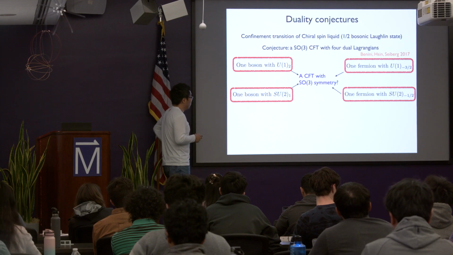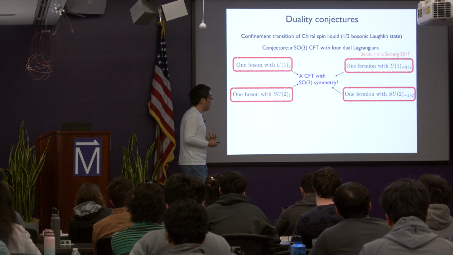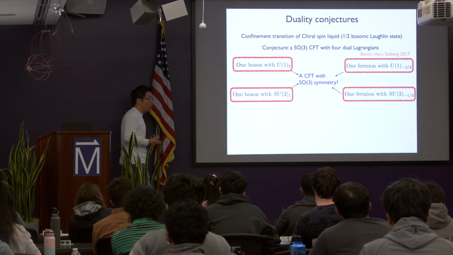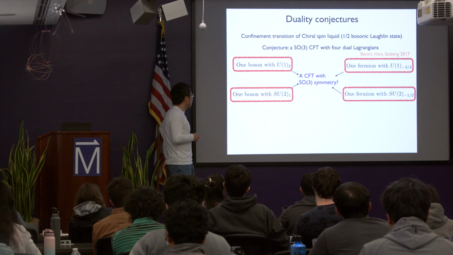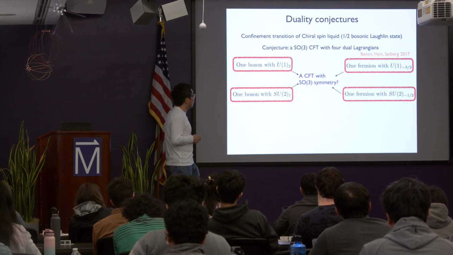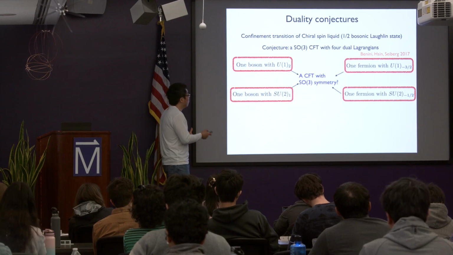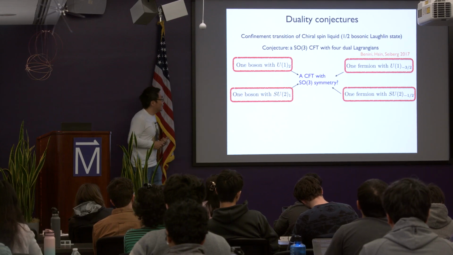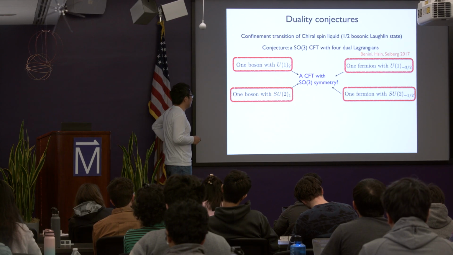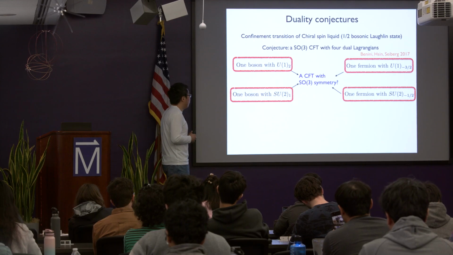Those new theories involve a non-abelian gauge field instead of an abelian gauge field. It's like one boson coupled with SU(2) level 1, or one fermion coupled with SU(2) level -1/2. And this level-rank duality is something you are probably familiar with.